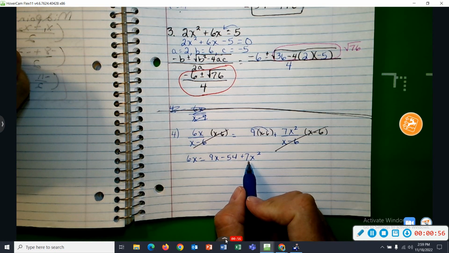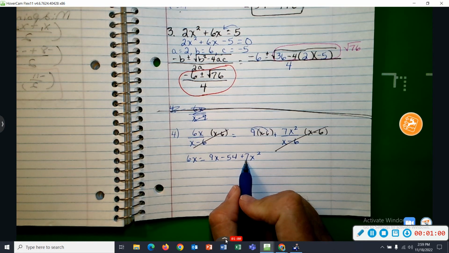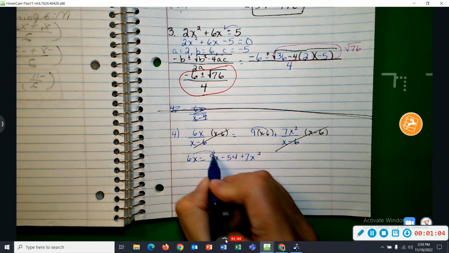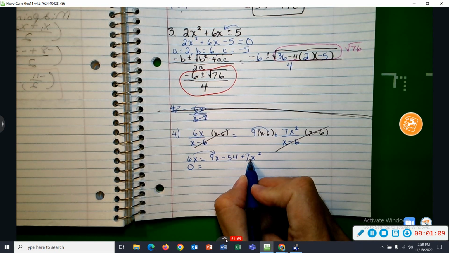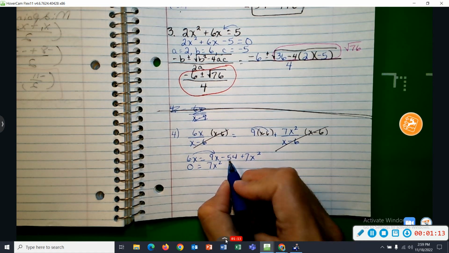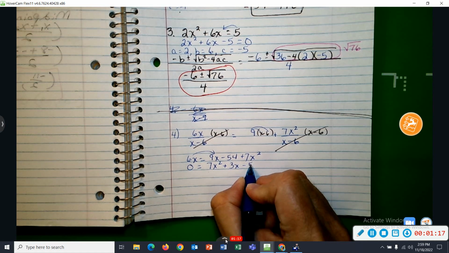So I need a 0 on one side. Since the x squared is on the right and the coefficient is positive, I'm going to go ahead and get the 0 over on the left by subtracting 6x. But I'm going to write it with the x squared first. 9x minus 6x would be 3x and a minus 54.